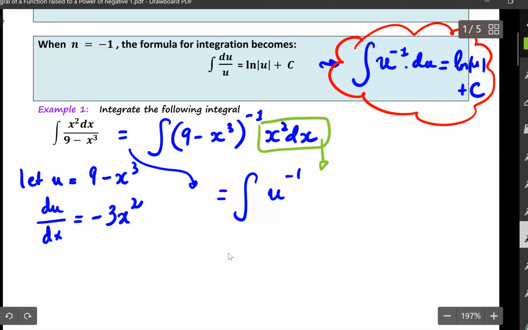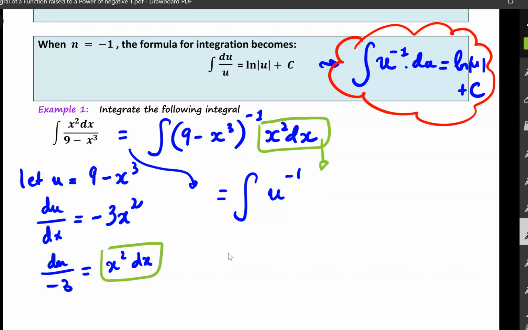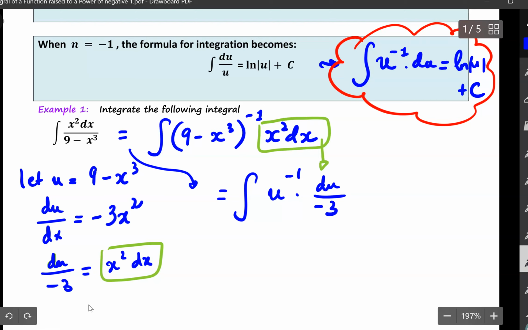So what I will do is divide by -3 on this side of the equation, and on the other side I will multiply by dx. Now you see you have the exact match of what you need to replace for x squared dx. So x squared times dx is now equal to du divided by -3. So I will write times du divided by -3. Okay, so this one is done.